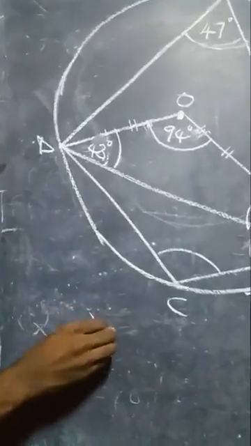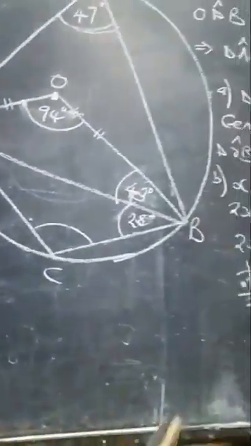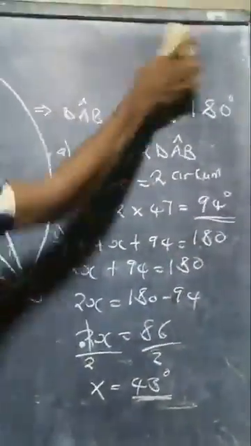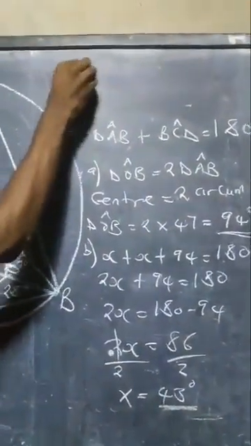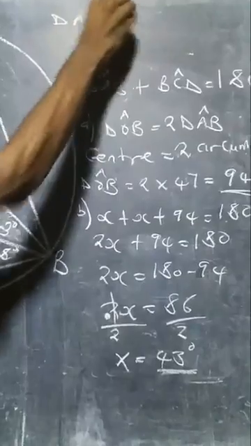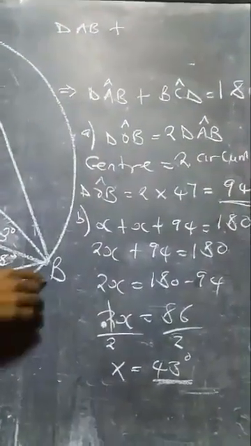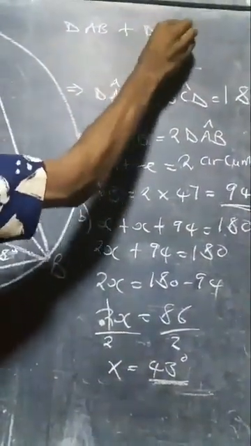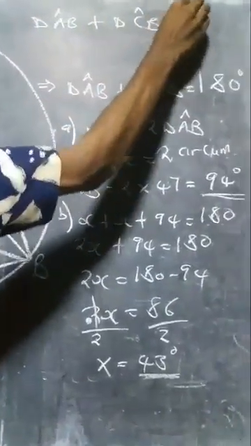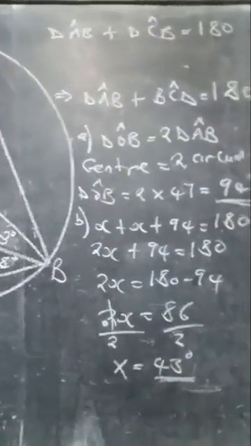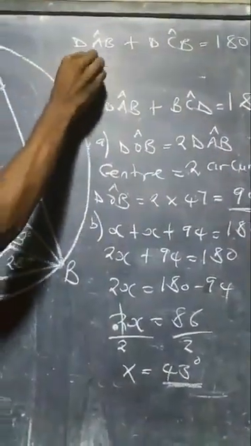So let's just use the other side. Angle DAB plus DCB must equal 180, of course. DAB is just 47, of course.